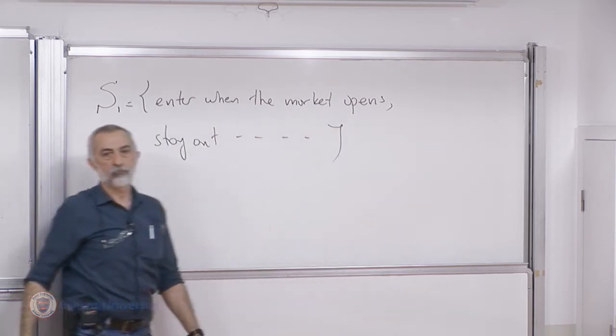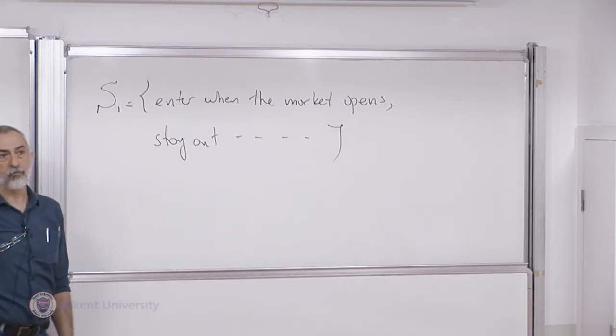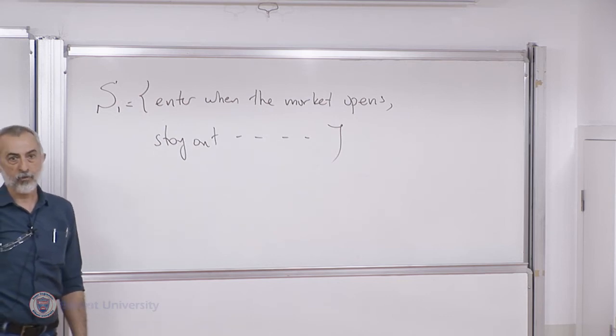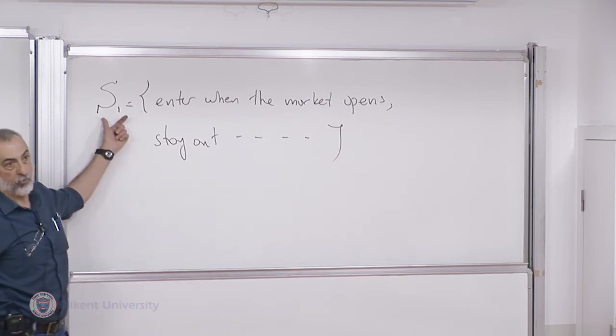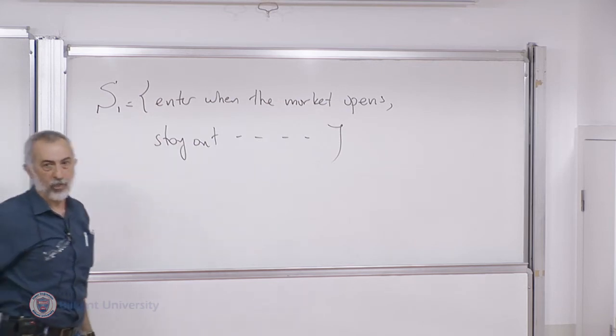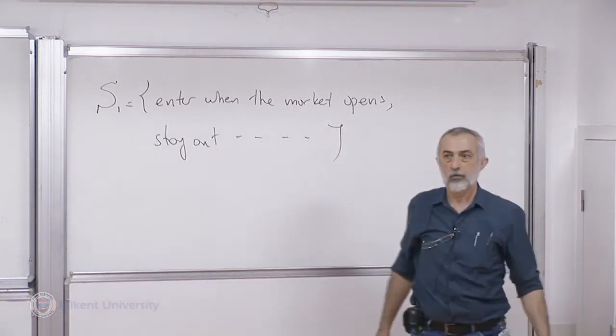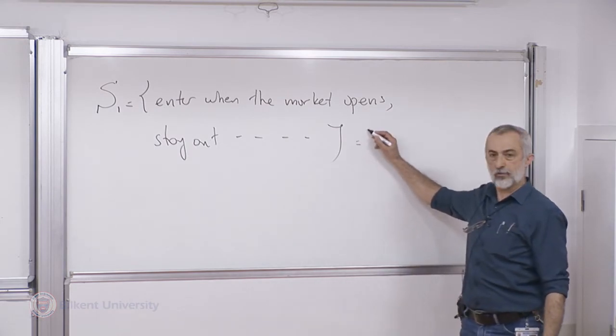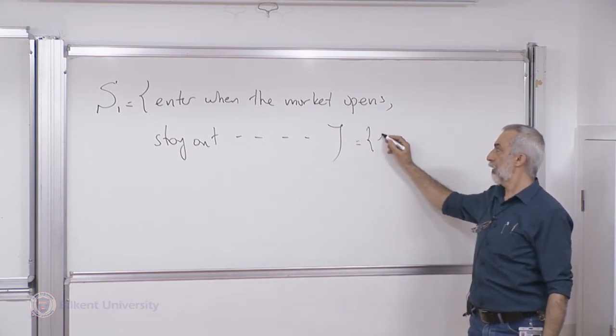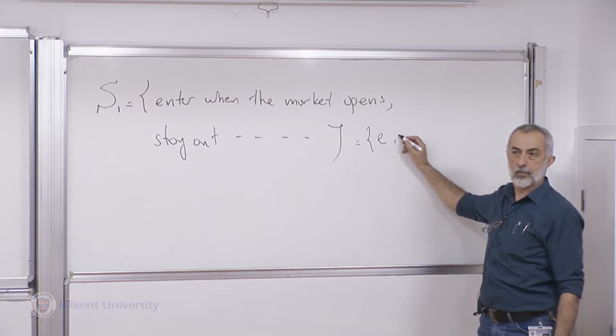Okay. Those are the two plans of action available to firm 1. Okay. By the way, again, this is too much writing for the taste of a mathematician, so we will write this as E and O.